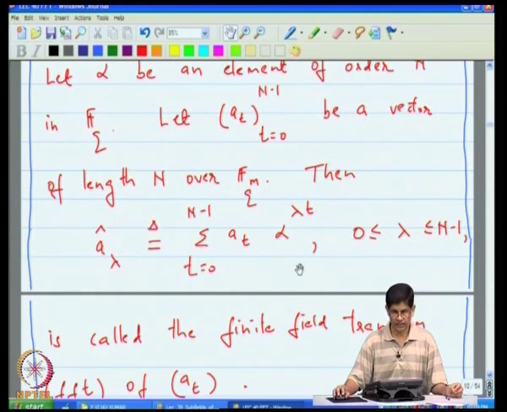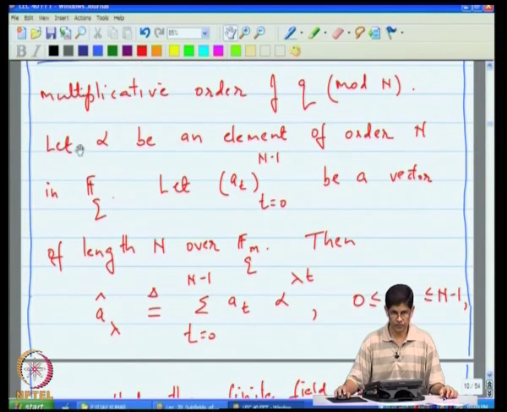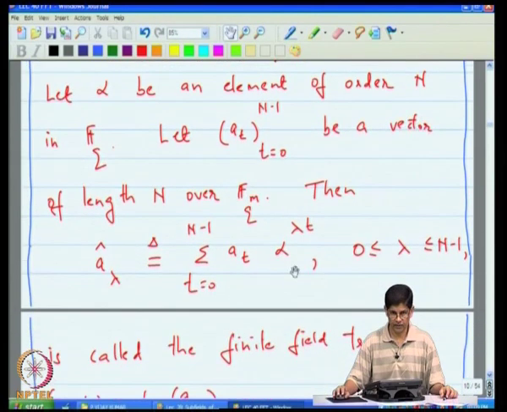Now, if you look at this and think about it, there is a lot of resemblance with the discrete Fourier transform, but I leave it to you to make that connection. Also this element that we were looking for, alpha, appears here.